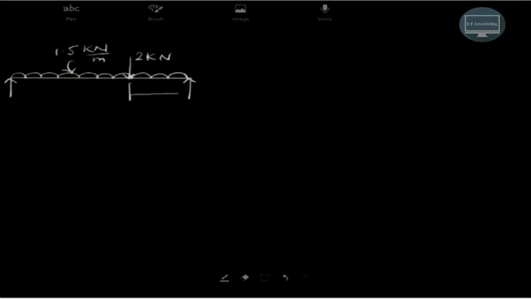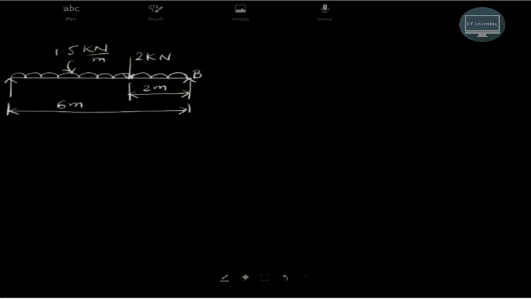The distance of this point load from the right hand support is 2 meter, and the total span length is 6 meter. So for this arrangement we have to find out what the beam reactions are.